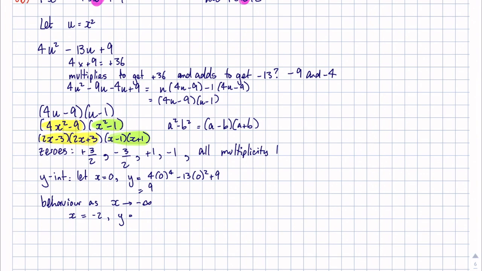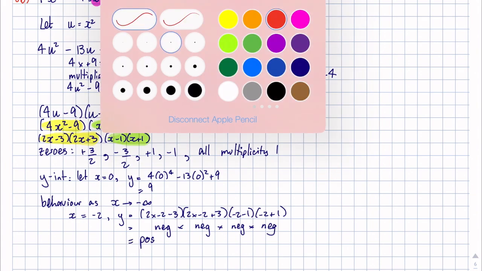I think that'll be easier. 2 times minus 2 take 3, 2 times minus 2 plus 3, minus 2 take 1, minus 2 plus 1. So this is a negative times a negative times a negative times a negative, which makes it a positive.